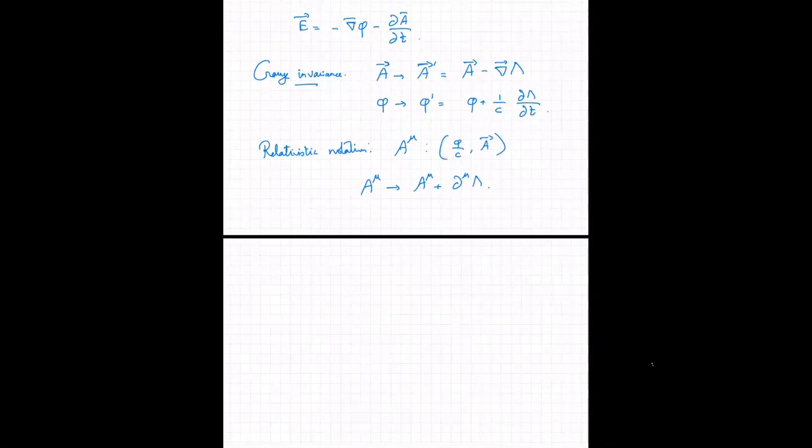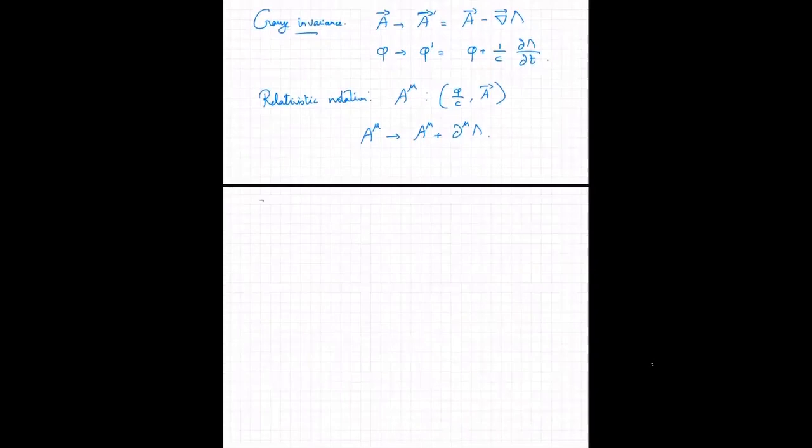In other words, what we can do is choose a gauge and work in this gauge. So specifically, what we will do is choose what is called the Coulomb gauge. The Coulomb gauge is characterized by choosing an A which is divergenceless and phi is basically 0.